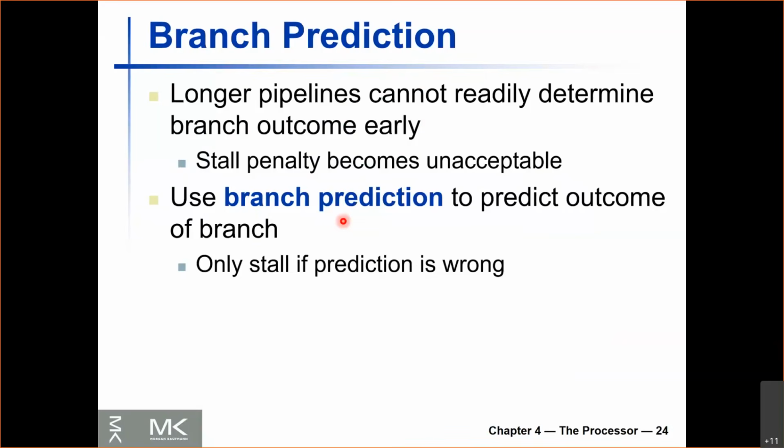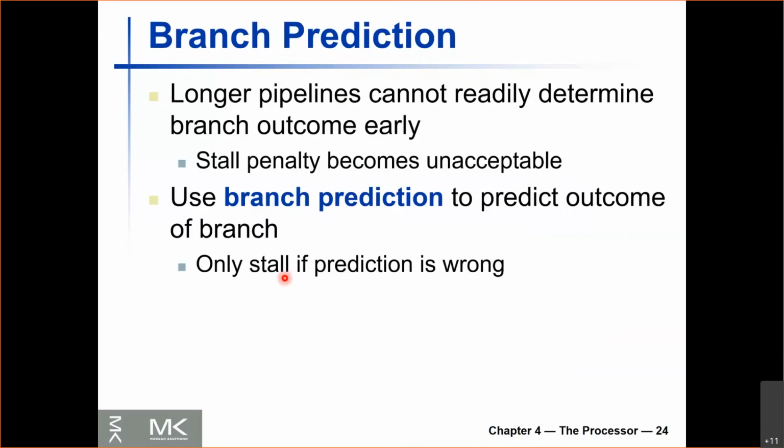But in case it predicted incorrectly, the processor will replace the instructions that it started to execute. It realizes, oh, I should not have executed these instructions, so it will flush those out of the pipeline and replace them with stalls. So if we predict correctly, it's like we did not have any stalls. And if we predicted incorrectly, which is less often, that is only when we pay the penalty of stalling.